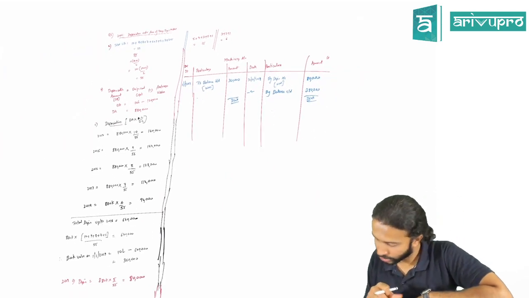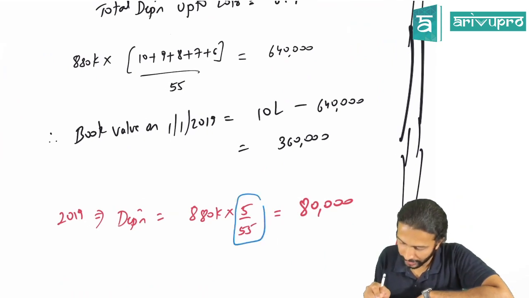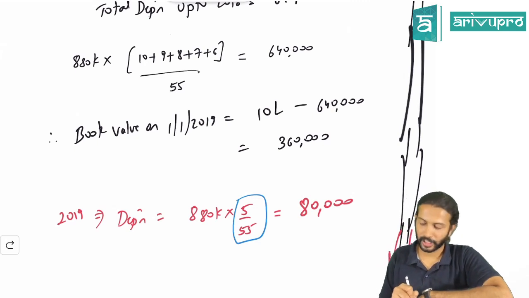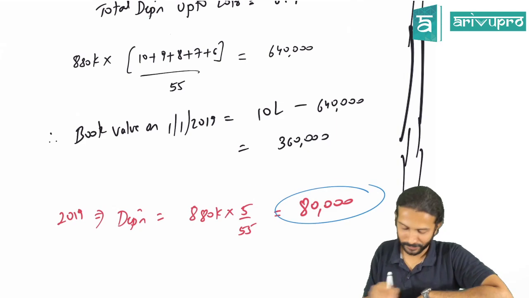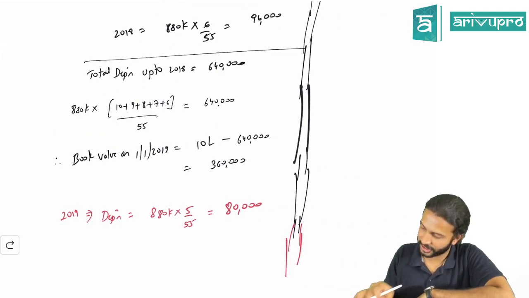How we got 80,000, sir? Calculated here, sir. Depreciation. You want me to explain, sir, how we got this 80,000? Explain a good. Okay, sure.